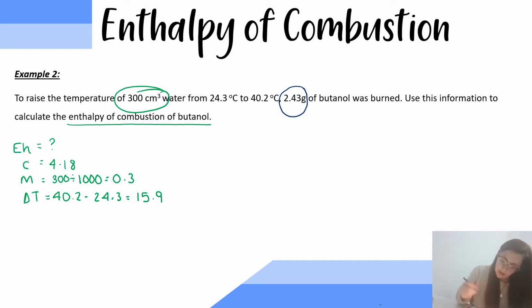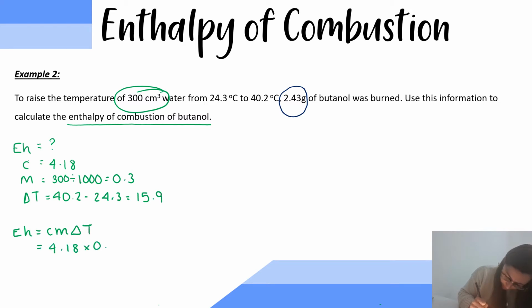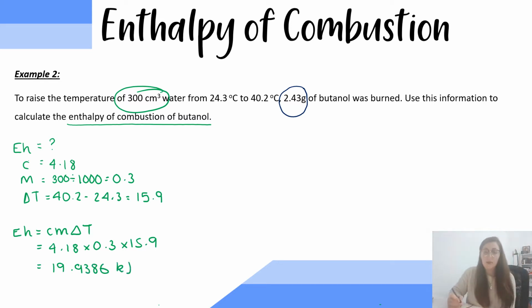So we can calculate our EH. EH equals Cm delta T, which is 4.18 times 0.3 times 15.9, is 19.9386 kilojoules.